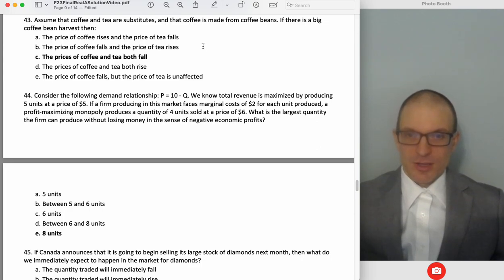That'll flood the market, and there'll be a lower price. A lower price of coffee means people are going to switch from relatively more expensive tea to coffee. As a result, there'll be a decrease in demand for tea. So we're getting a decrease in the price of coffee due to the increase in supply of coffee, and a decrease in the price of tea due to the decrease in demand for tea.